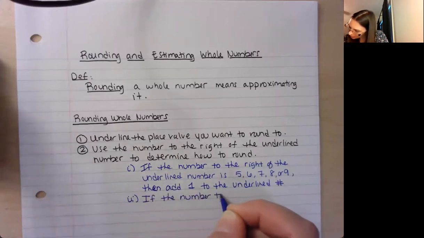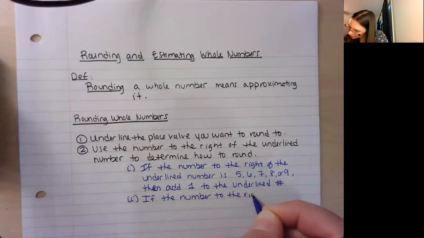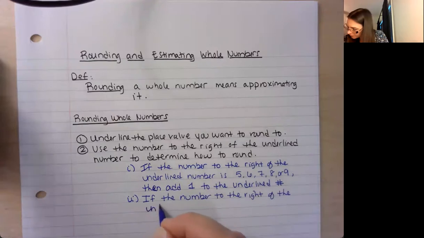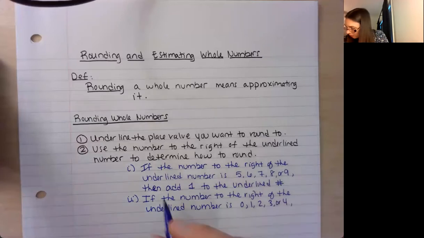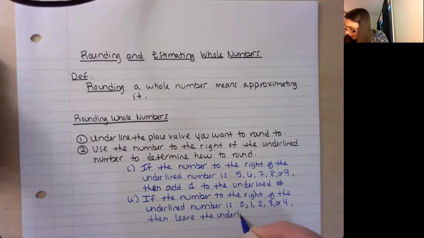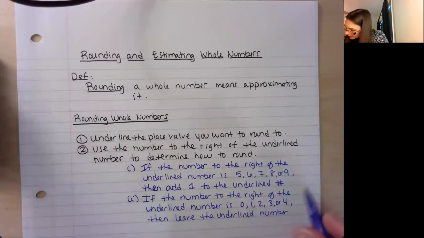If the number to the right of the underlined number is 0, 1, 2, 3, or 4, then leave the underlined number as is.